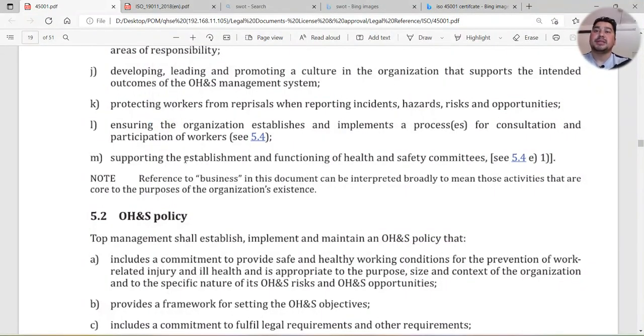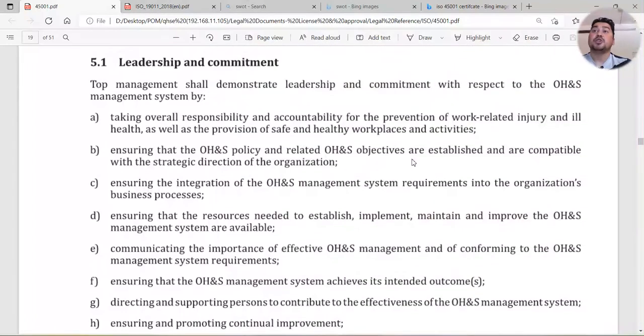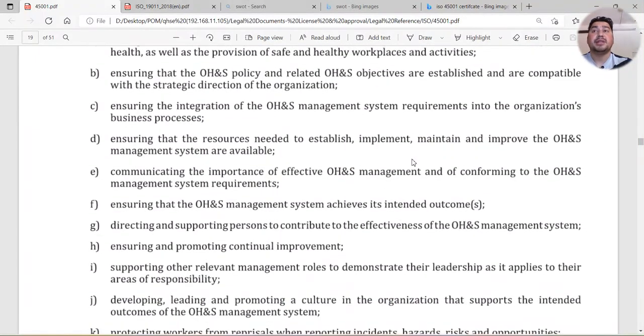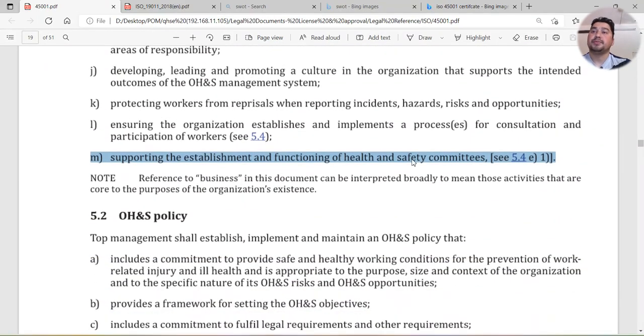After then, supporting the establishment and functioning of the health and safety committee. And you have to implement the health and safety committee also. And your top management, they are supporting, they are attending the health and safety committee meetings. So that is the requirement of top management. Okay. So in all of these things, you can show and demonstrate the top management commitment towards occupational health and safety management system improvement.